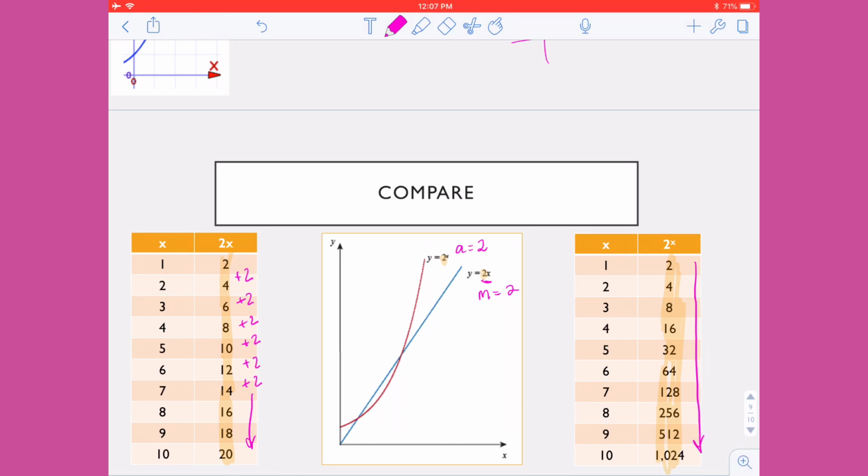I'm raising values to an exponent, and I'm growing super, super quickly. So on the linear model, by the time I got to 10, I only had a y of 20. But on the exponential model, by the time I plugged in 10, I had a y value of 1024. So exponential data models can definitely increase or decrease much quicker than a linear function would.